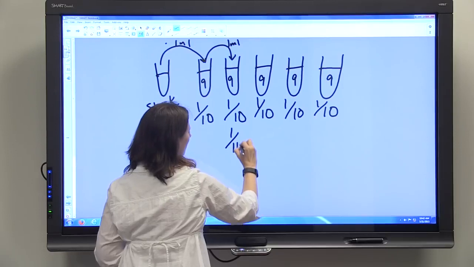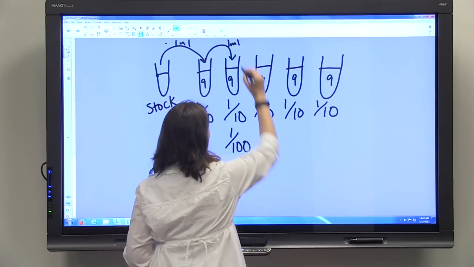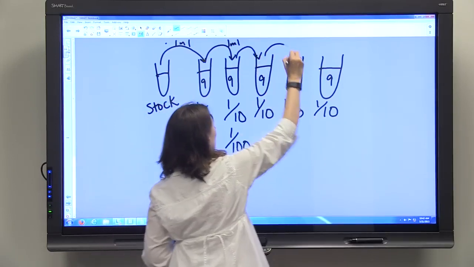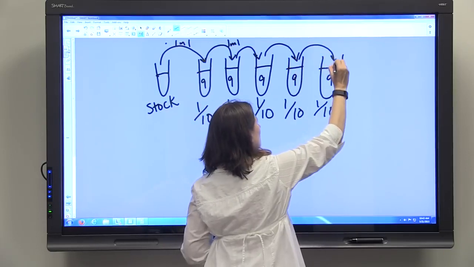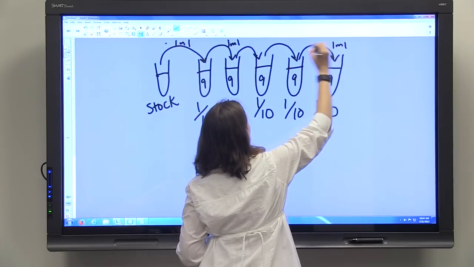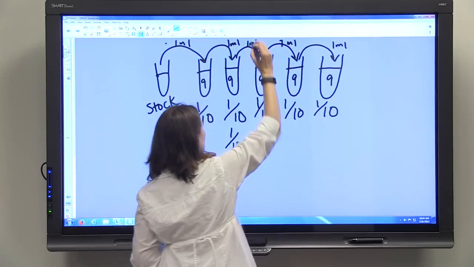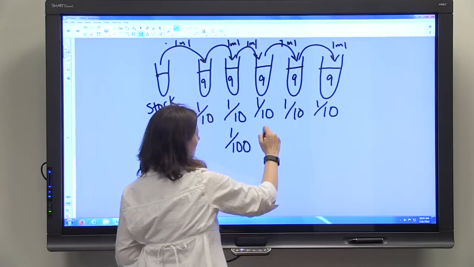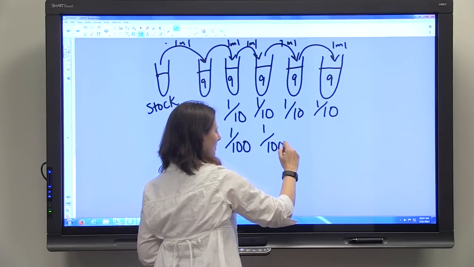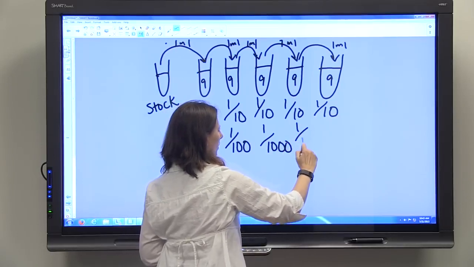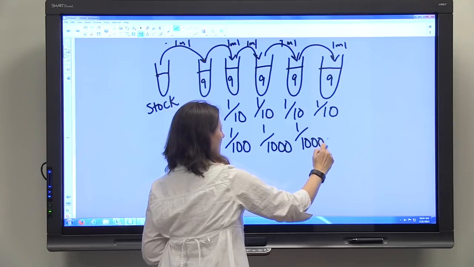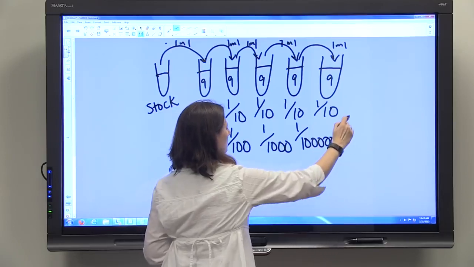So here, let's just go ahead and finish this out. Each time you're doing a 1/10 dilution, but each time you're getting more and more dilute.